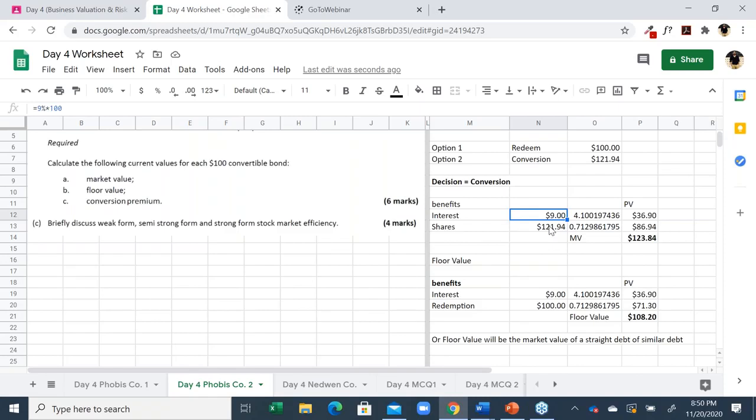Do you people think? So we can simply say that the minimum value of that convertible debt will be equal to the market value of a similar type of debt that does not have any conversion option. So is that clear?